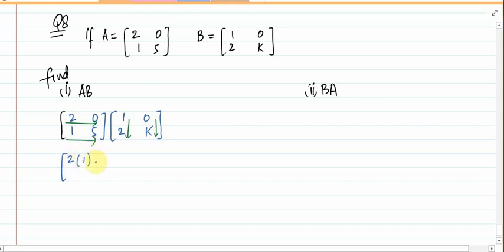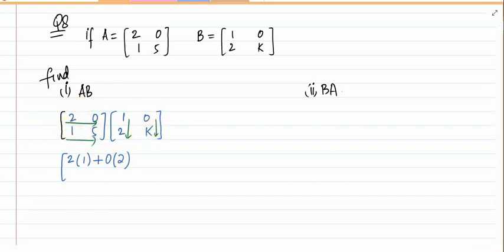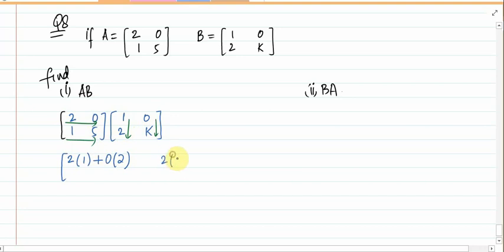When we move towards 0, it will be 0 times 2. Now this row will be multiplied with the second column. So 2 times 0, tail on the tail plus head on the head. Second row, 1 times 1 plus 5 times 2, 1 times 0 plus 5 times K, right?